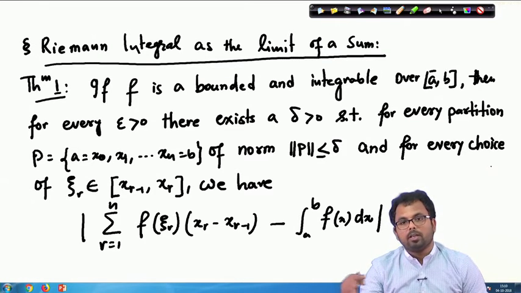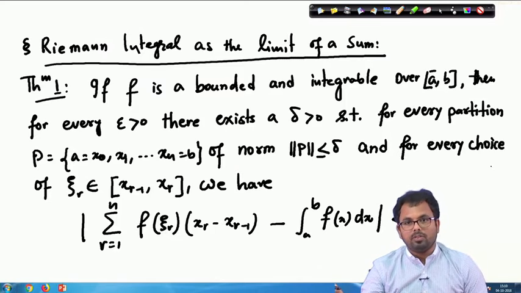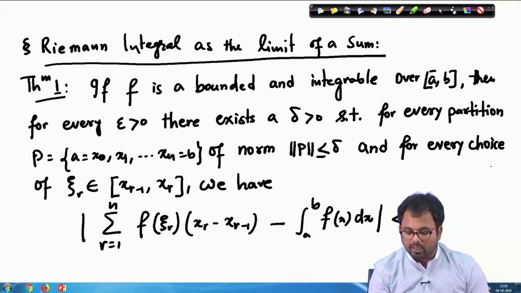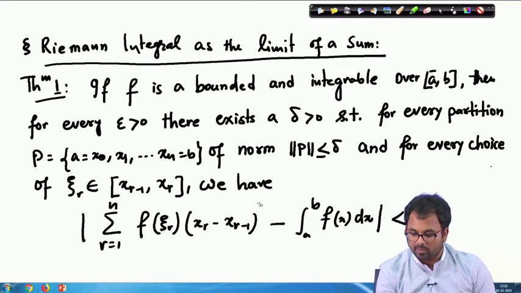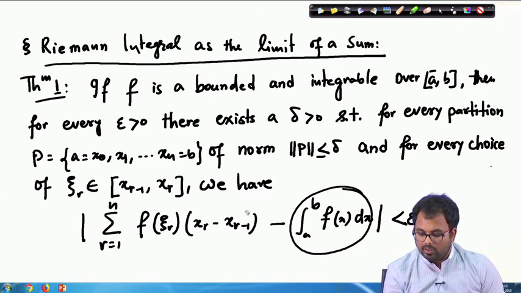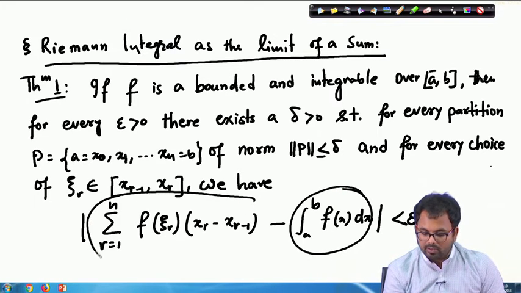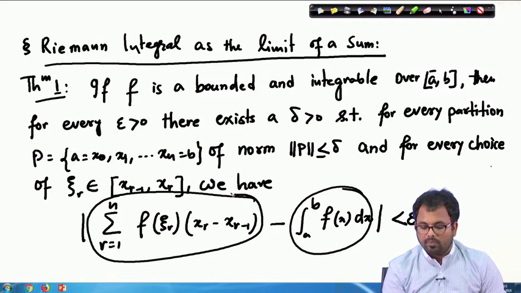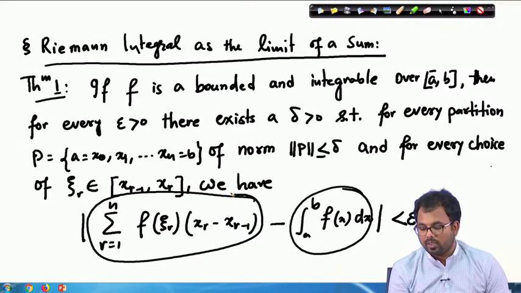So epsilon is an arbitrarily chosen positive number. This integral can be expressed as the sum of these f psi r times x r minus x r minus 1.